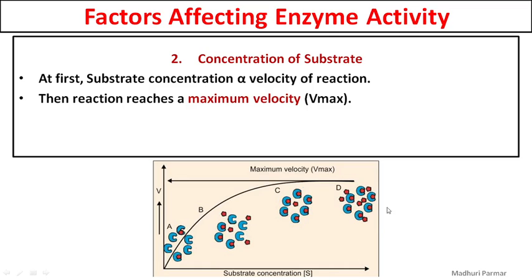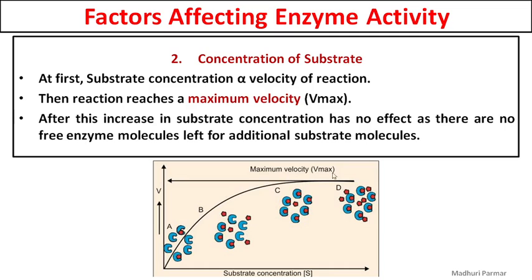They are already busy converting the substrate into product. So they will not be able to convert this added substrate into product, and so you will see no rise in the rate of reaction. This is called its maximum velocity. Here all the enzymes are working at their best potential, and you will find the maximum rate or maximum velocity. It is known as Vmax.